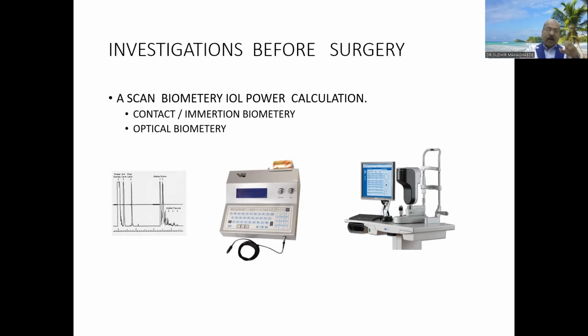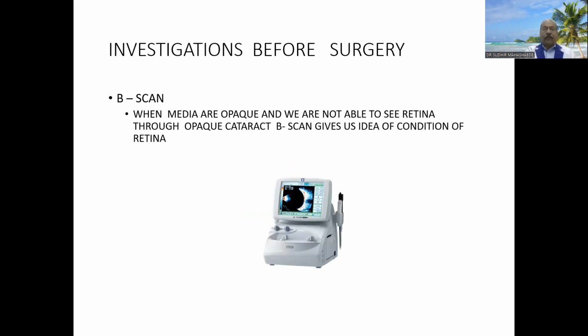Whereas if the power of the lens used is less, it focuses the light behind the retina, and the patient will need hypermetropic correction. Our target in cataract surgery is to provide the patient, if possible, with nearly zero power post-operatively, so that for distance he can see clearly.